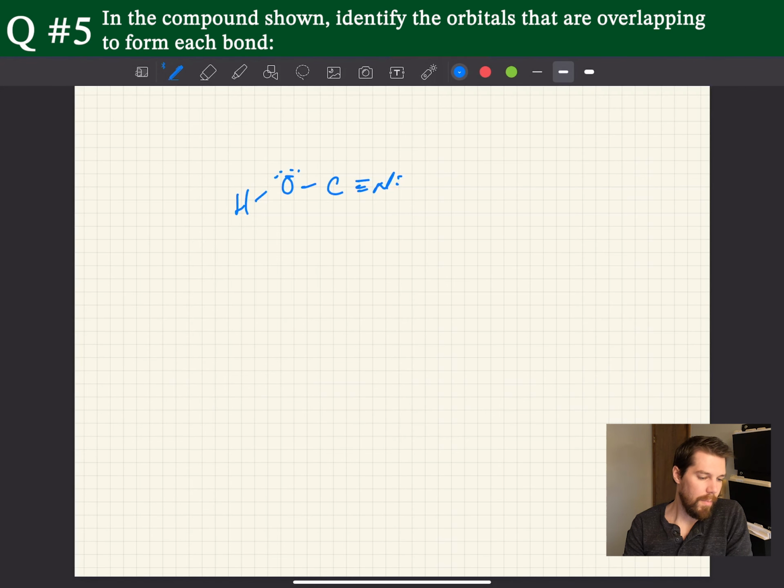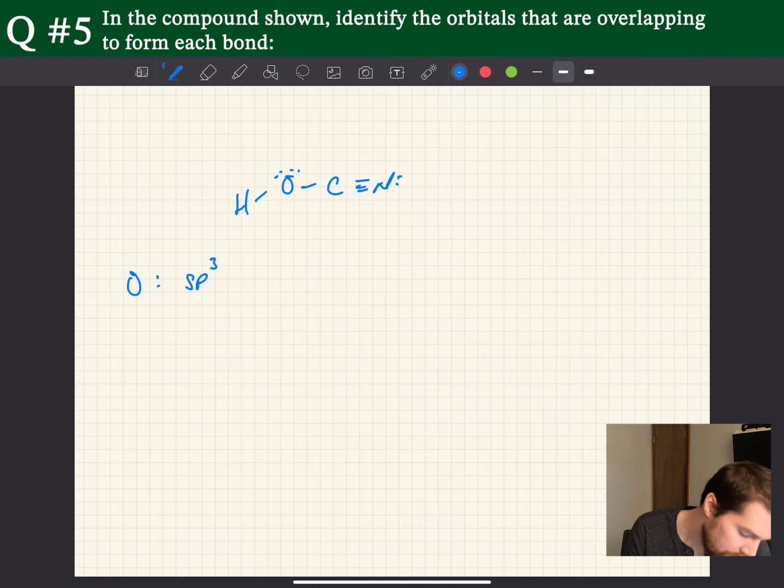Number 5. In the compound shown, identify the orbitals that are overlapping to form each bond. To identify the orbitals that are overlapping, we're looking at the hybridization of the two atoms involved and the kind of bond we're referring to, sigma or pi. For the oxygen-hydrogen bond first, the oxygen is sp3 hybridized, and the hydrogen is not hybridized at all.